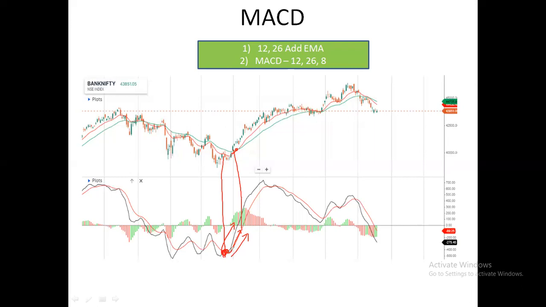This red signal line has given the signal, so if anybody is thinking to buy or trade, they can plan a trade here. They got an early indication here, but as per the moving average, it came a little later, maybe after 10 to 12 candles. And once it crosses and completely stabilizes, then we might go for a trade from here onwards, right?